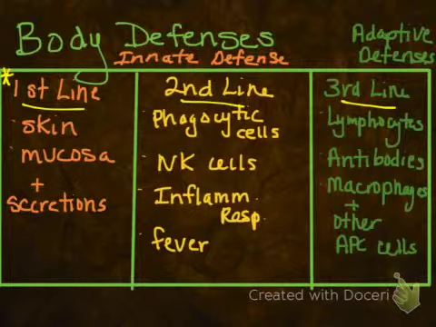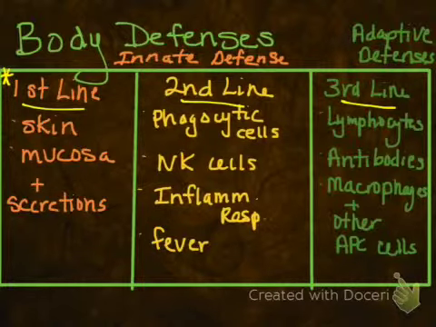The fluid that is secreted in mucus has lysozyme and antimicrobial agents. In the vagina and the stomach, there's an acid that is produced to kill bacteria. There's cilia and hairs that are also located in the mucosa that will trap pathogens or foreign materials and try to get rid of them.